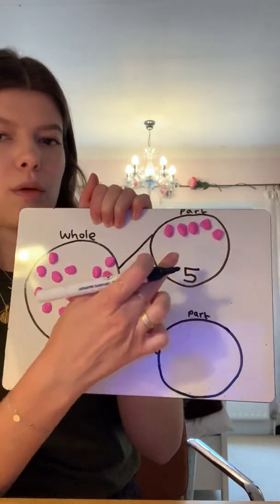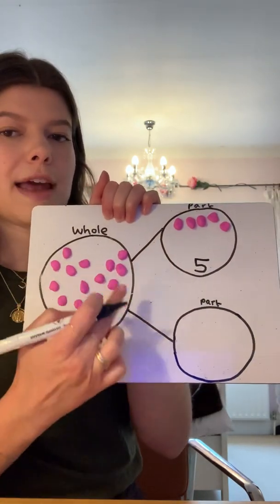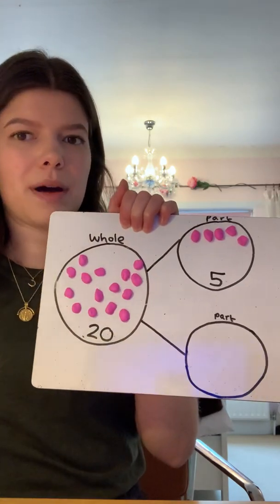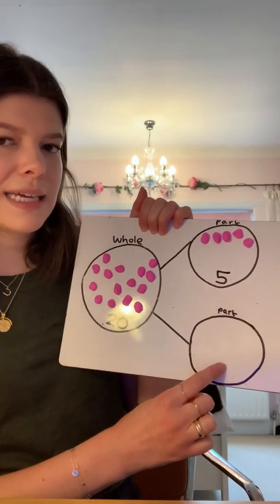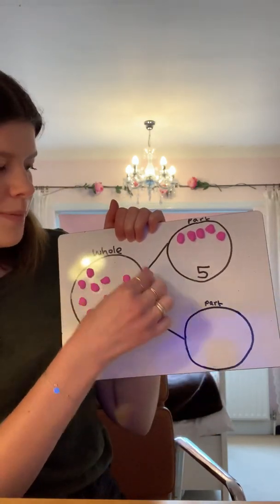Okay, so I've got one part. Now I need to put the rest of my objects in the second part. Okay, so let's count how many we've got. If I've got 5 here, I wonder how many I'll need in here to make 20. Let's count.